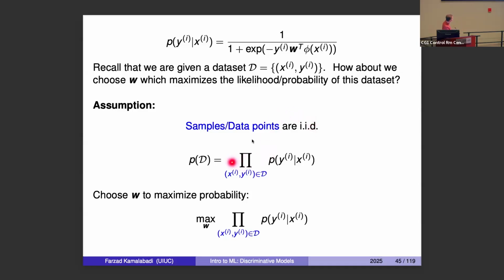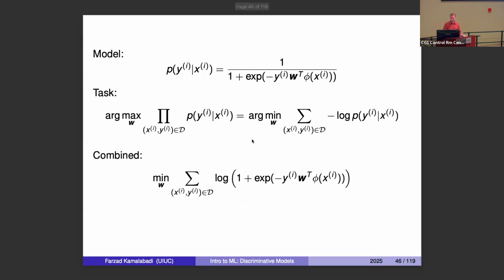So by doing that, what can we do? We want to choose these w's to maximize this probability. There is only one more step to be able to handle this, and that step is the following. We write this product, okay? And now we want to essentially optimize it.